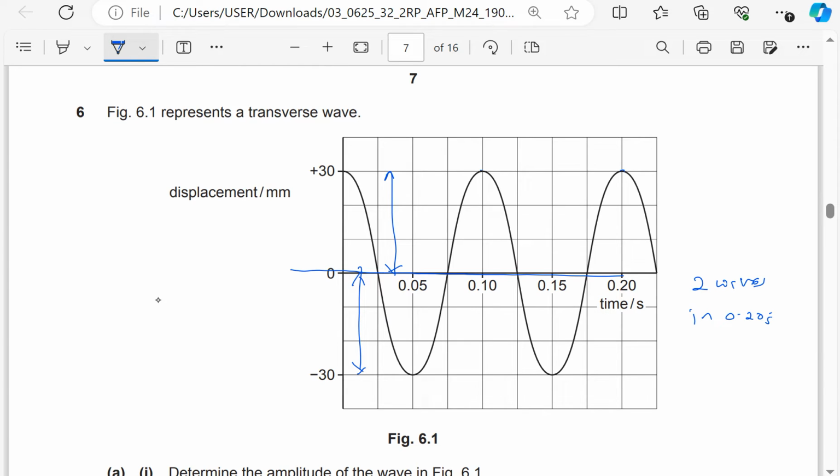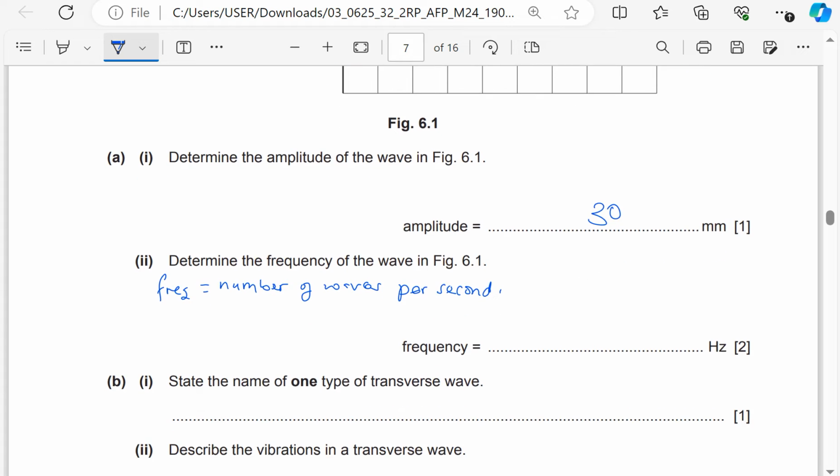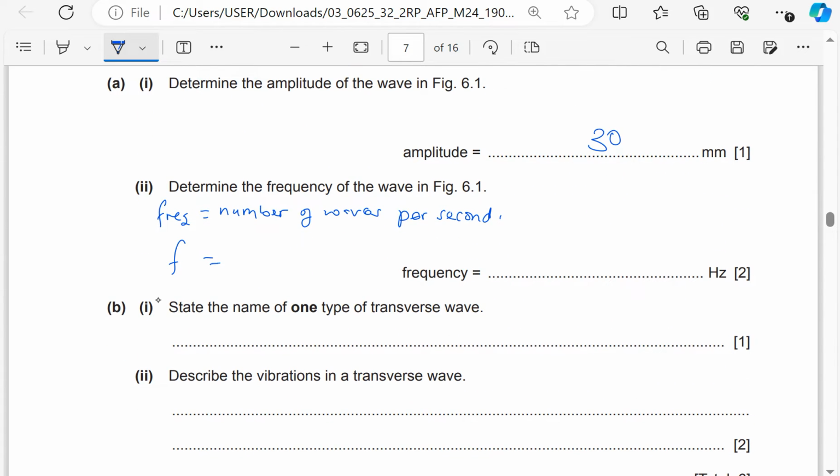We want the number of waves in 1 second, so I will divide 2 by 0.2. There are 2 waves in 0.2 seconds, so this gives us 10 waves in 1 second. So this is 10 waves per second, which is the same as 10 hertz. So the frequency is going to be 10 hertz.